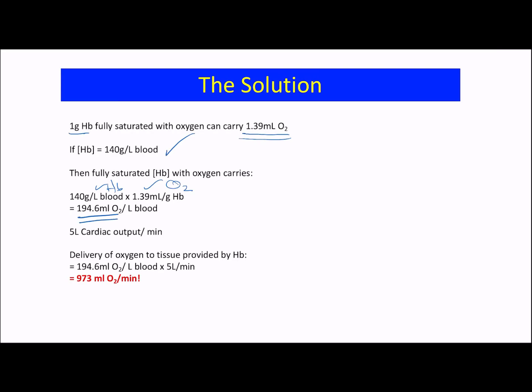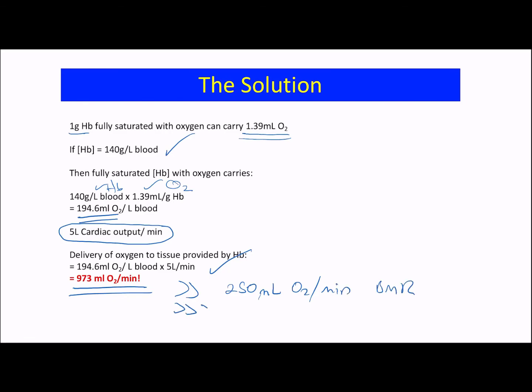And if we assume that we have 5 litres per minute of cardiac output as per previous, then it should follow that the delivery of oxygen with the addition of haemoglobin can produce 973 mils of oxygen per minute. That is vastly more than the 250 mils of oxygen per minute required for basal metabolic rate, and much greater than the 15 mils of oxygen per minute derived from dissolved oxygen.